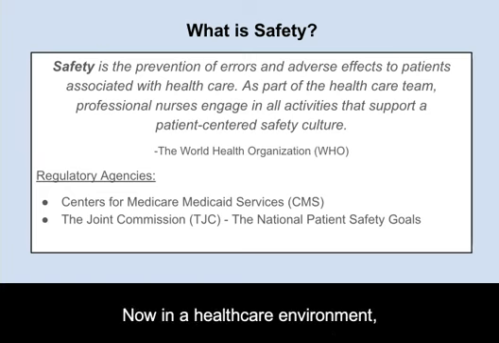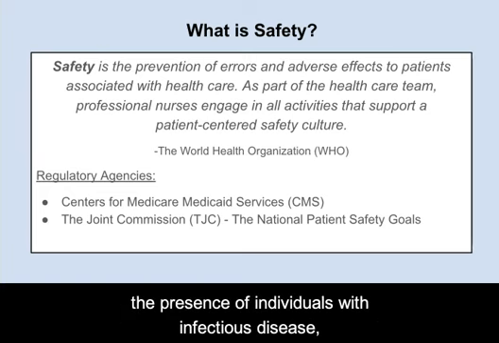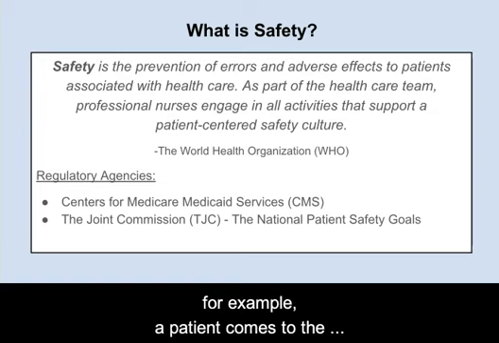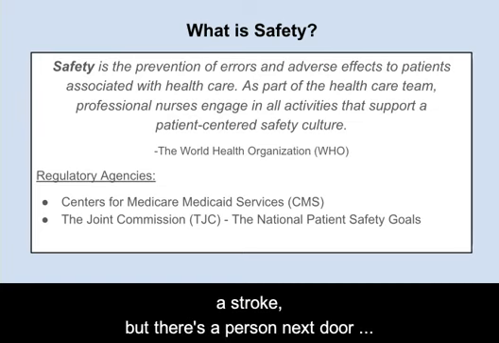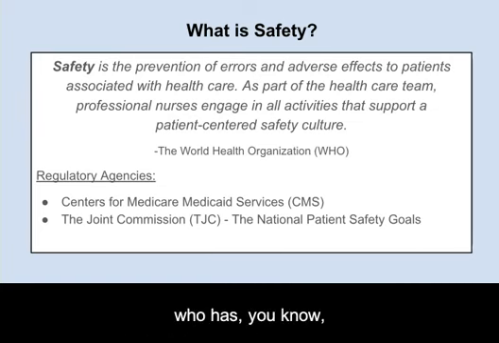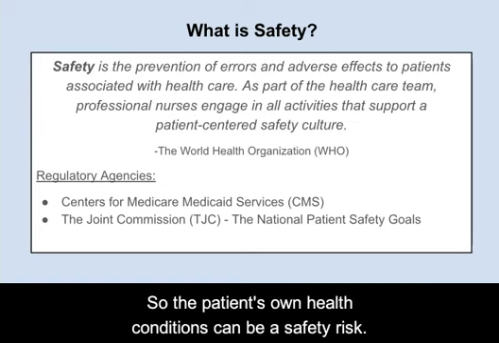Now, in a healthcare environment, the presence of individuals with infectious disease, for example, a patient comes to the hospital for maybe a stroke, but there's a person next door who has an infectious disease. Now they're exposed to that. So the patient's own health conditions can be a safety risk.